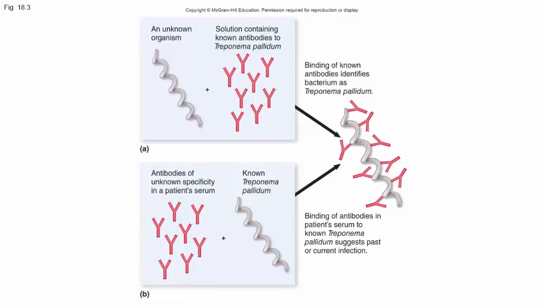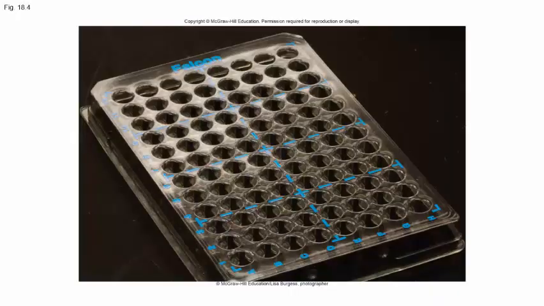Treponema pallidum is also the organism that causes syphilis. Now, you could also take the serum from the patient, and if the individual's been fighting syphilis, the serum will have the antibodies to it, and you mix it with a known sample of Treponema pallidum, and you're going to get still this cross-reactivity.